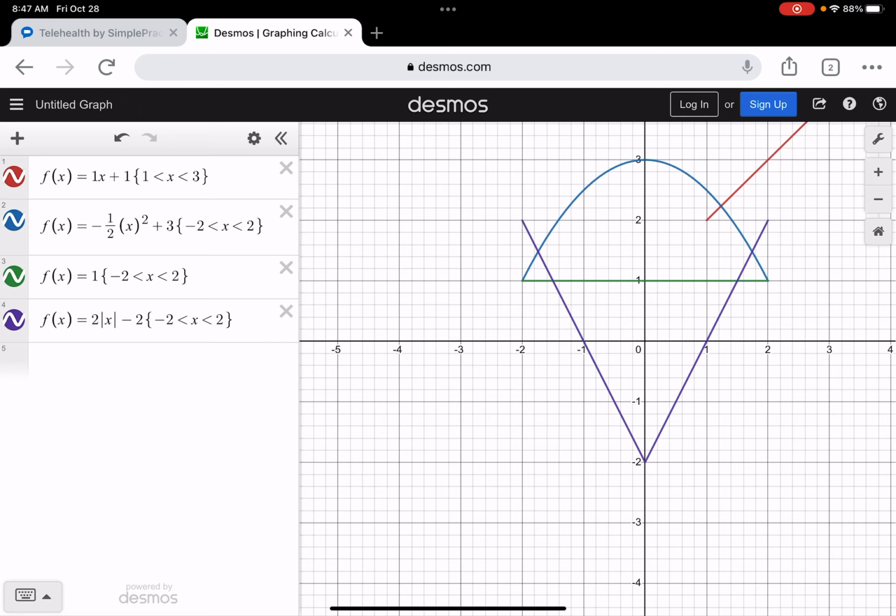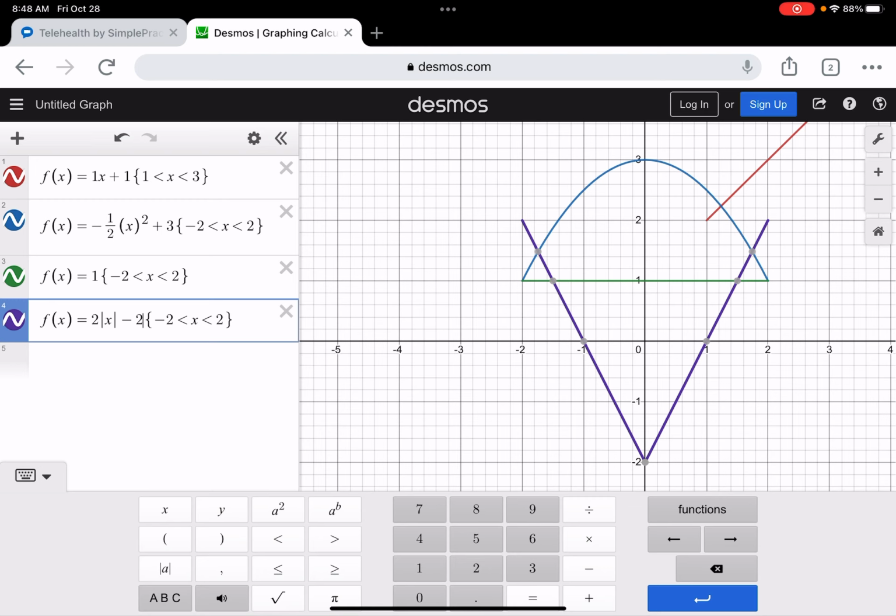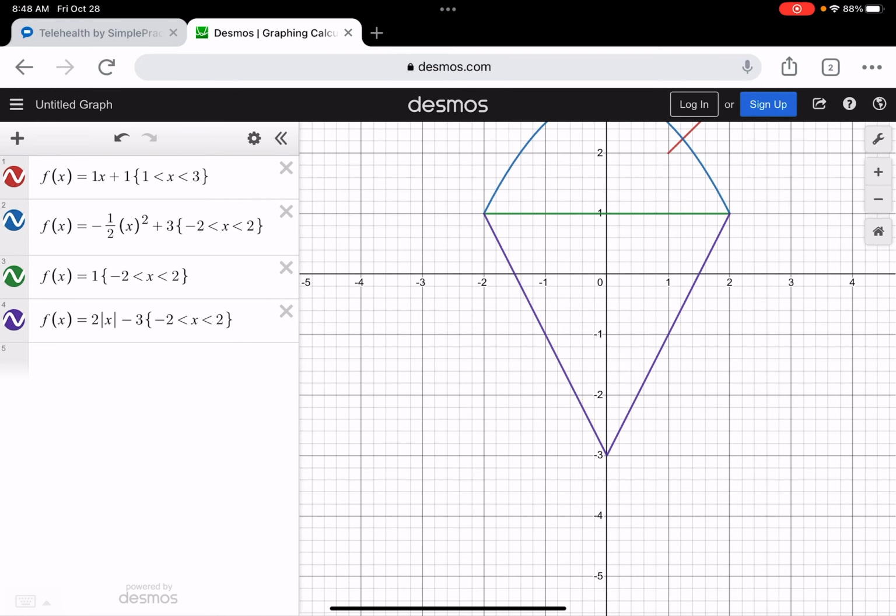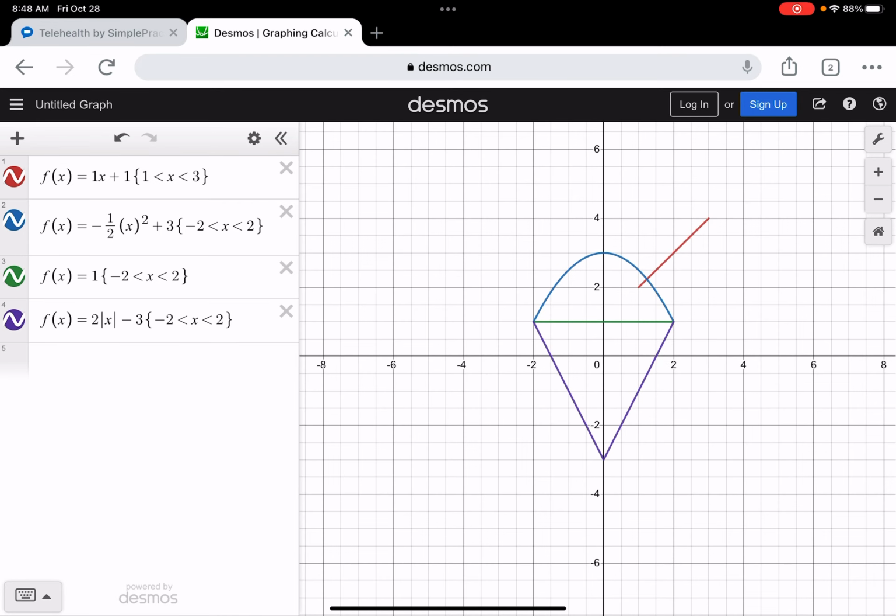What would you rather do? Javon, should we make it fatter or move it down? Move it down? So we'll change that 2 to a what? 3. Yay! It's a beautiful snow cone.